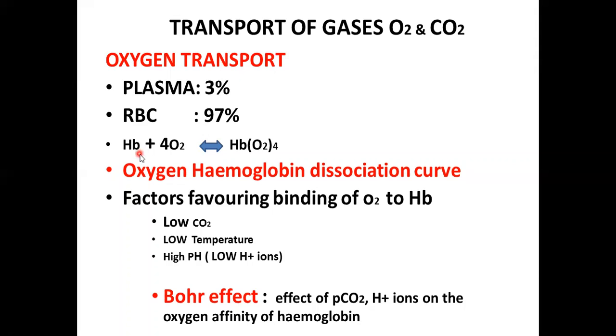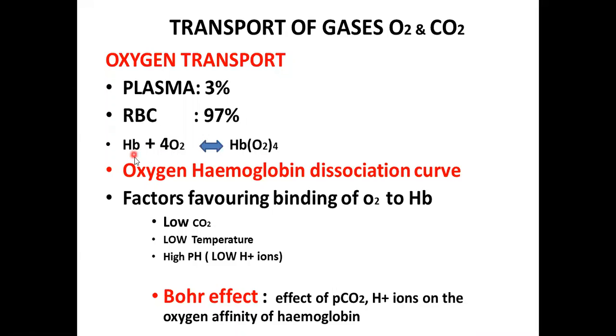Hb means hemoglobin. And remember, this hemoglobin is a respiratory pigment containing iron metal, iron ion in its structure. And each molecule of hemoglobin is capable of transporting 4 oxygen molecules. So this is a very important thing you have to remember.